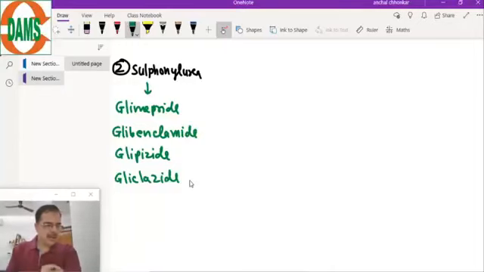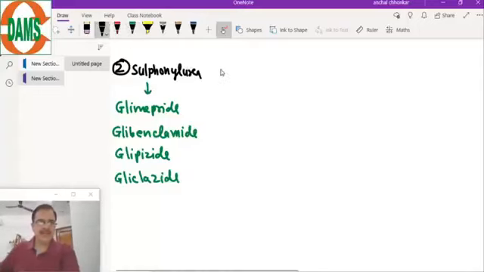Now coming to the mechanism of action. The sulfonylurea mechanism of action, this also we have done in the first class, is that they bind with SUR, which is a potassium channel.